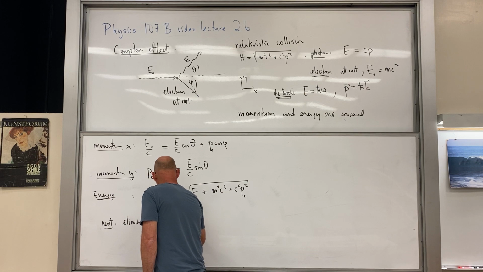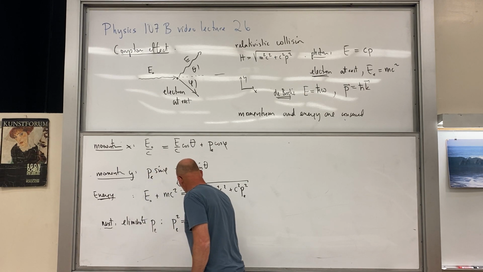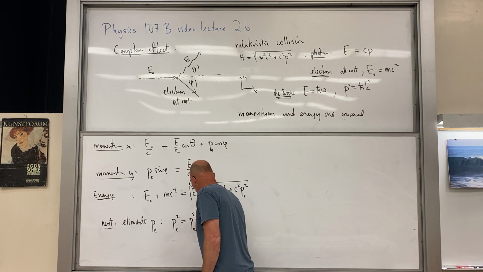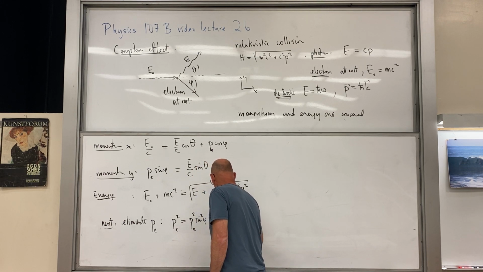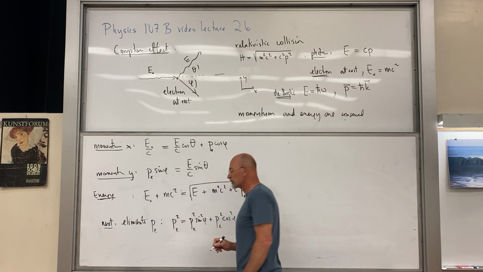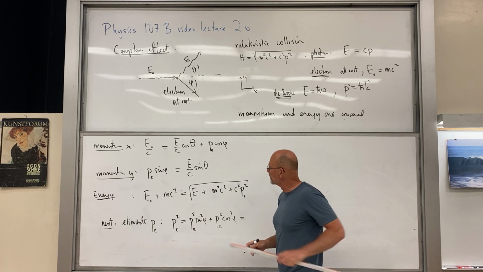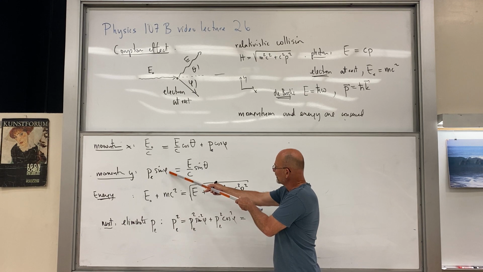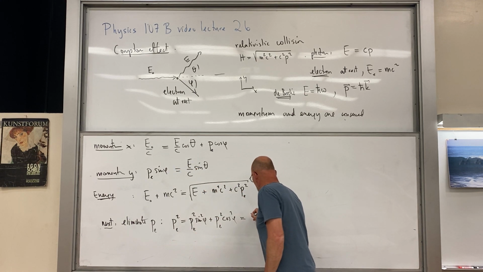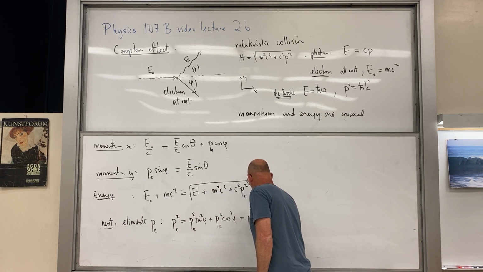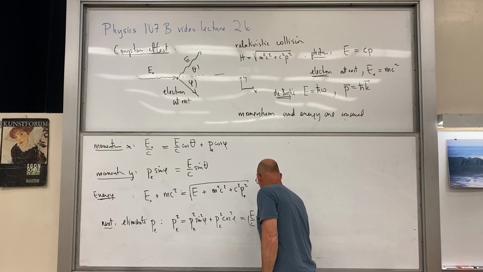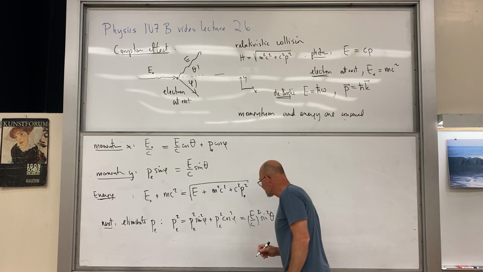We have p electron squared is equal to p electron squared sine squared phi plus p electron squared cosine squared phi. So the first of these two, p squared sine squared phi, is just E over c squared times sine squared theta.